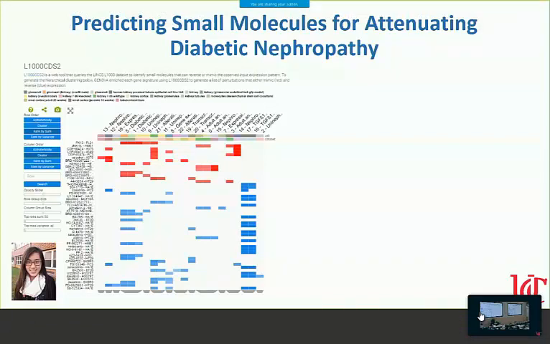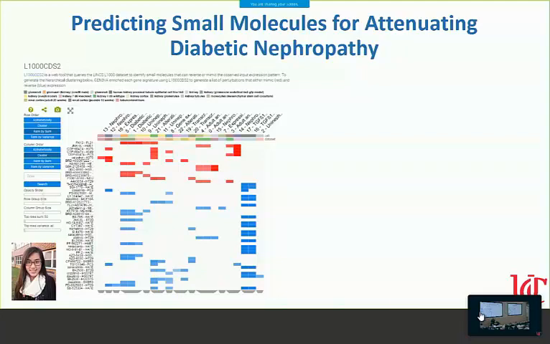So in diabetes, one of the complications is that you get kidney disease, and there are a lot of studies that profiled kidneys, the glomeruli of a kidney, where you compare normal versus the disease state. And we queried all those signatures with this tool L1000 CDS square to find consensus predictions for small molecules that can either reverse or mimic the disease.